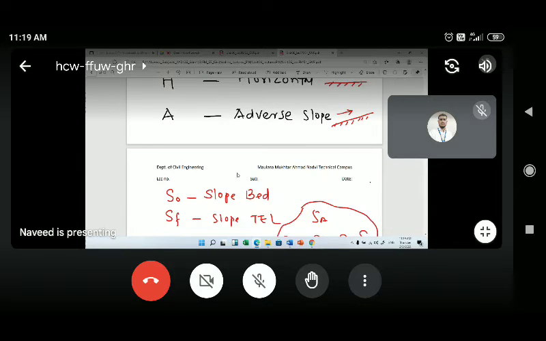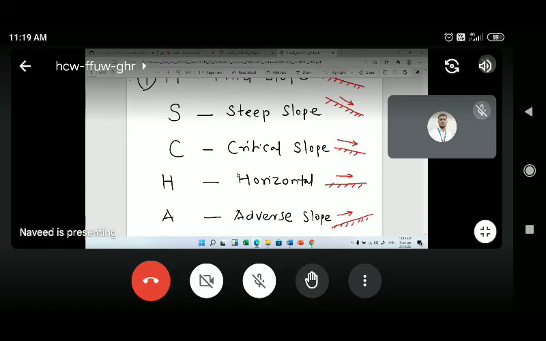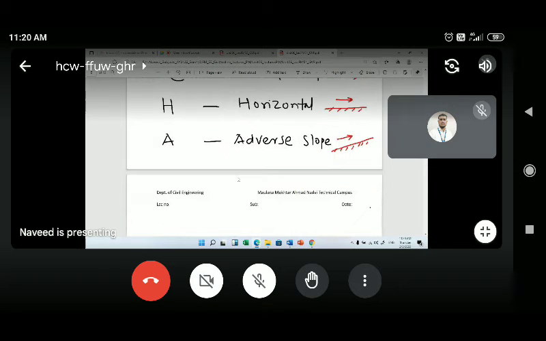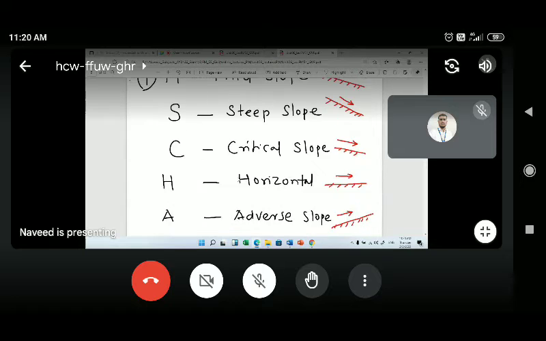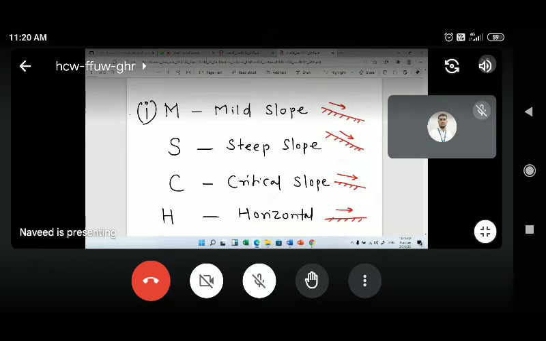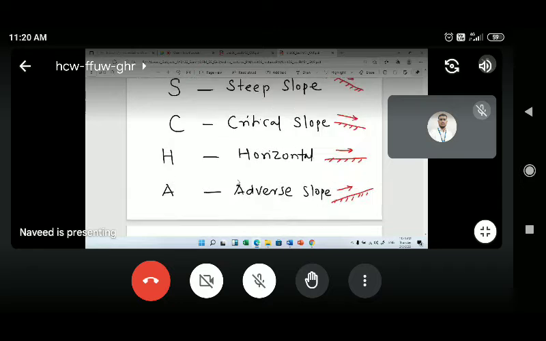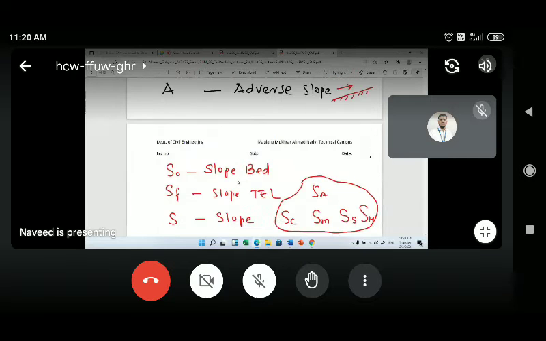And adverse slope is when the reverse slope opposes the flow. All this we have seen, and the initials MSCHA are the first letters of mild, steep, critical, horizontal, and adverse slope.